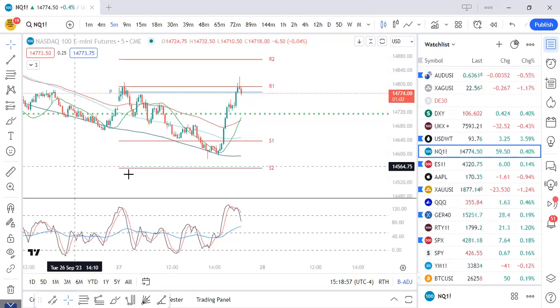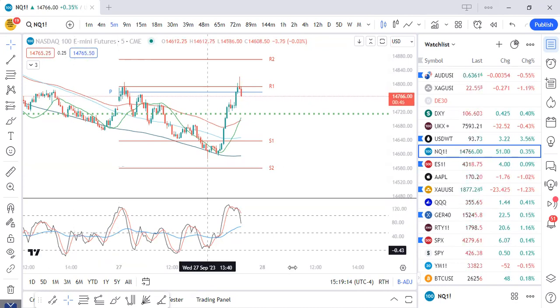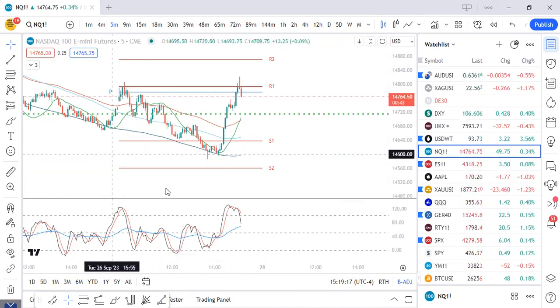If RSI goes to 70, it means the price is very bullish. In a trending market, RSI will remain at 60, 70, 80. So don't listen to common wisdom, but you should know basic things like hidden bearish divergences, bullish divergences, regular divergences.